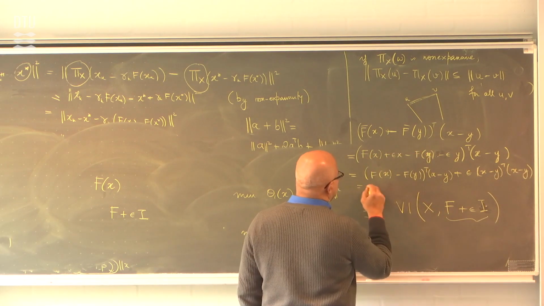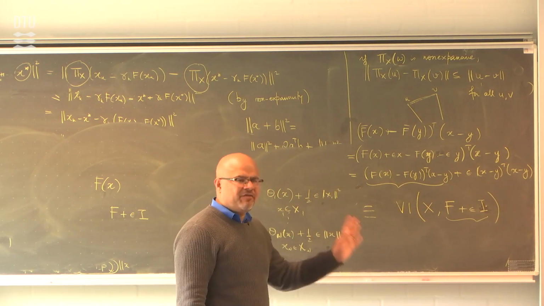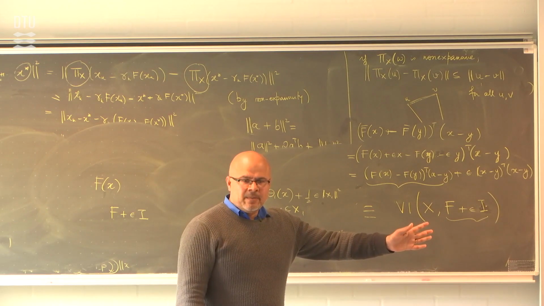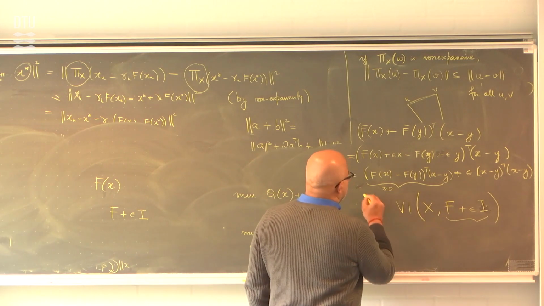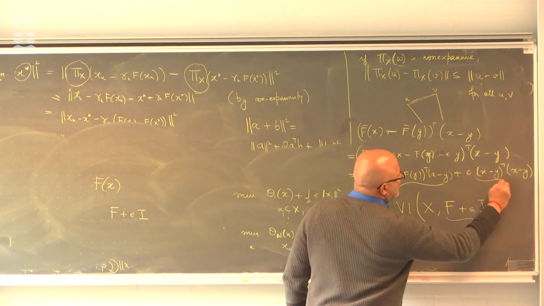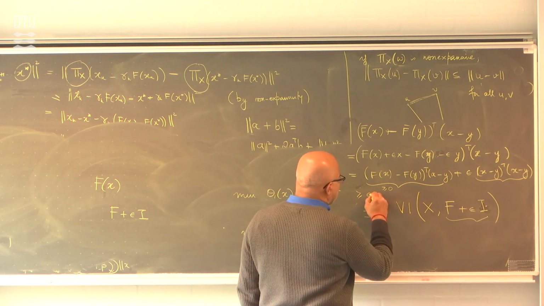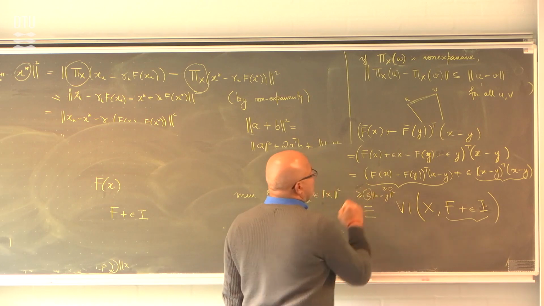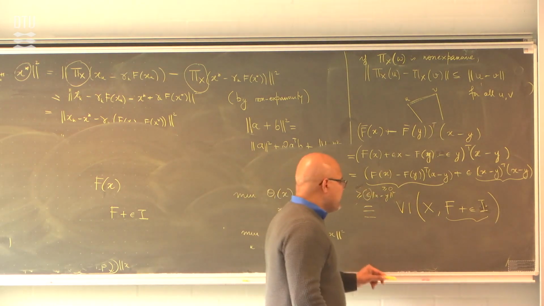If a map is monotone, what do we know about F of x minus F of y transpose x minus y? It's always greater than or equal to 0. So this is greater than or equal to epsilon times norm x minus y squared. So the monotonicity constant is epsilon. It's not too difficult to do this.